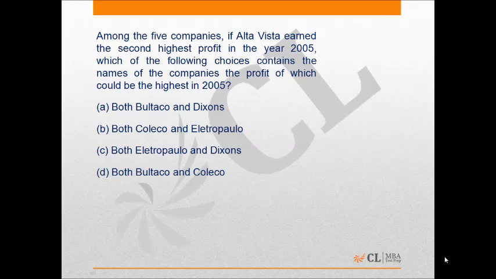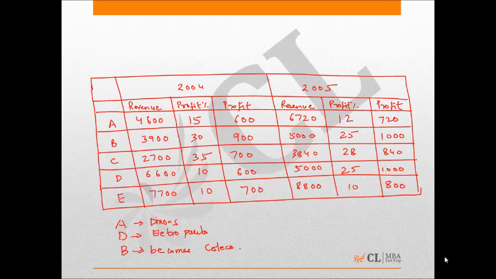Now let's come to the next question. Now what is given is that Alta Vista earned the second highest profit in the year 2005. So if you look at the data, we can figure out that the second highest profit would be earned by C. So C, if I look over here, is your Alta Vista.